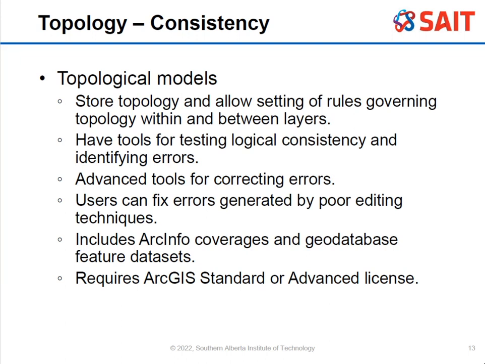So that's the key thing between topological models and the spaghetti models. Spaghetti models are your shapefiles and your feature classes. Topological models are in those ArcInfo coverages, which we don't really use anymore, but they had them, and the feature data sets. So in order to do checks within the topological models or to use the advanced tools, just to even do it, you do need ArcGIS Standard or the advanced license, and you guys should have access to that.